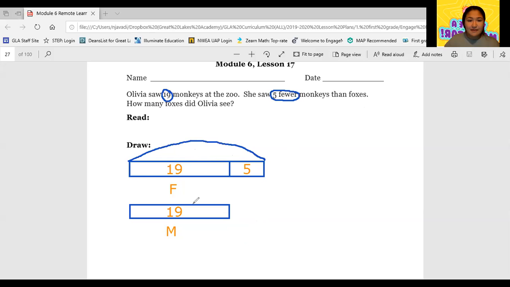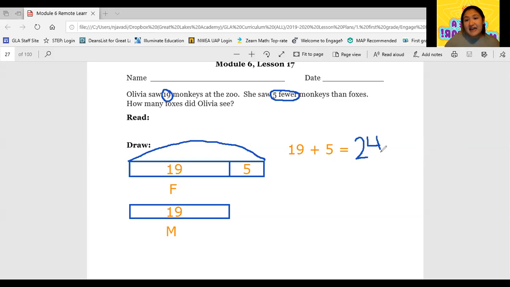19 to show the same number of foxes as monkeys, and then 5 more. To solve, I need to write a number sentence, adding these two numbers to find the total number of foxes. My two parts are 19 and 5. And I know that if I grab 19 and count up 5 times, you should get the number 24.